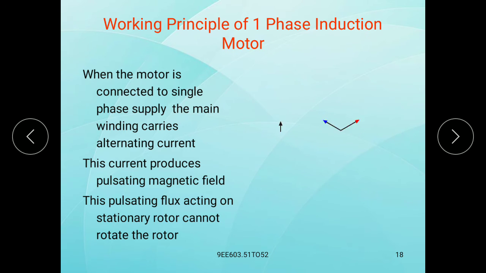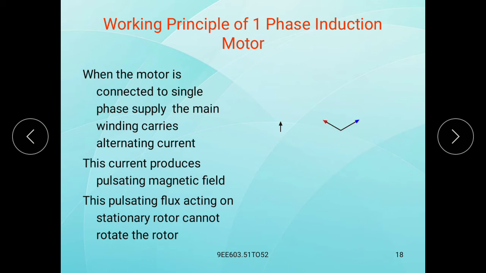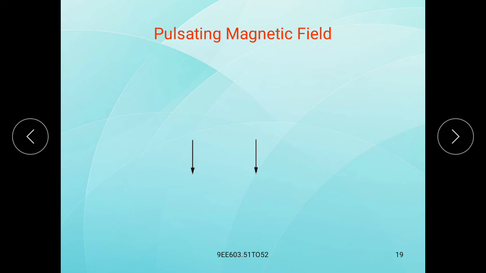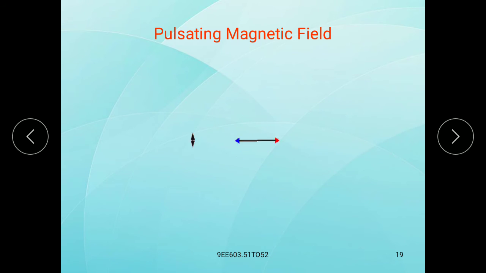See how the pulsating magnetic field is produced for the positive half cycle and for the negative half cycle: upward, downward, upward, downward.